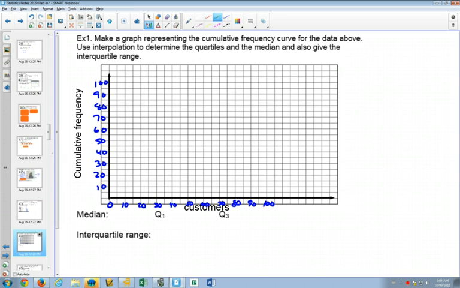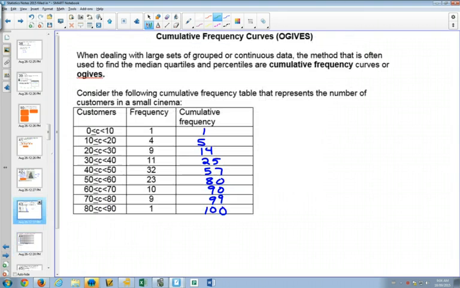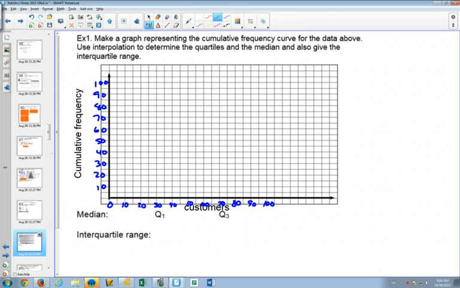So the way that you plot a cumulative frequency curve, or an ogive, is you go to your group data, and our first group data is from 0 to 10. And from 0 to 10, the cumulative frequency is 1. So right before 10, we'll mark 1. Not quite on 10, but right before 10.